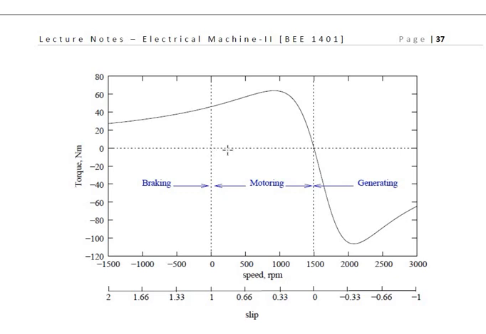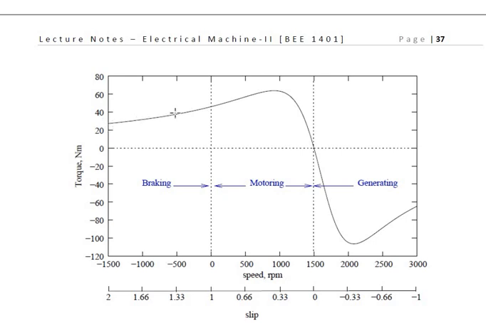For the motoring action, from this point to this point, we can see that the torque is positive and the speed is also positive. The torque and speed both are positive for the motoring action.